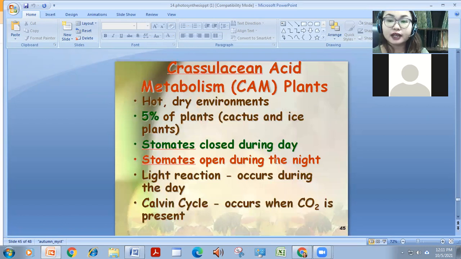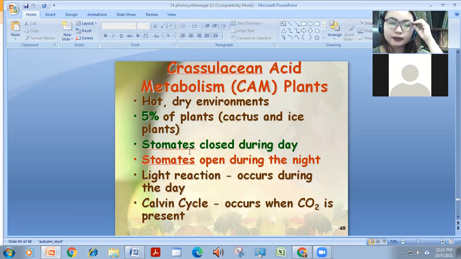Another adaptation, aside from the C4 plants, is the crassulacean acid metabolism or CAM plants. This also thrives in hot, dry environments, and comprises 5% of plants such as the cactus and the ice plants.